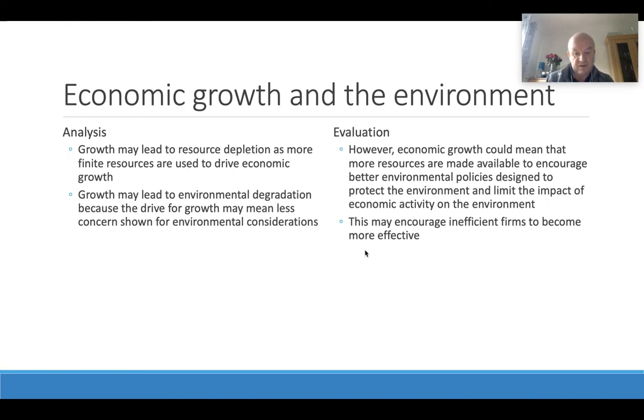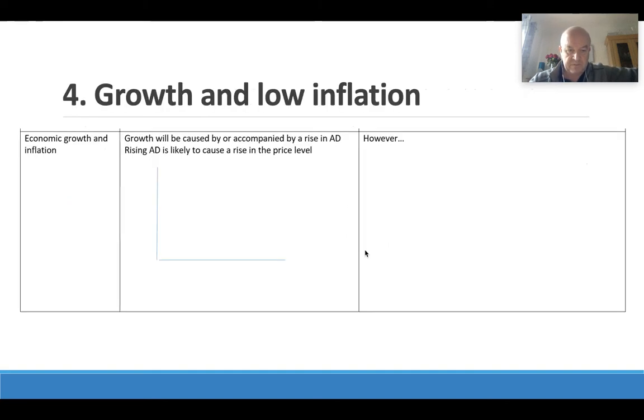That might encourage inefficient firms to become more effective, of course, and in that instance, you can see you've got some balance to the argument for economic growth versus environmental damage, and that then gives you a chance to look at some judgment paragraphs based on a balanced view of all the arguments.